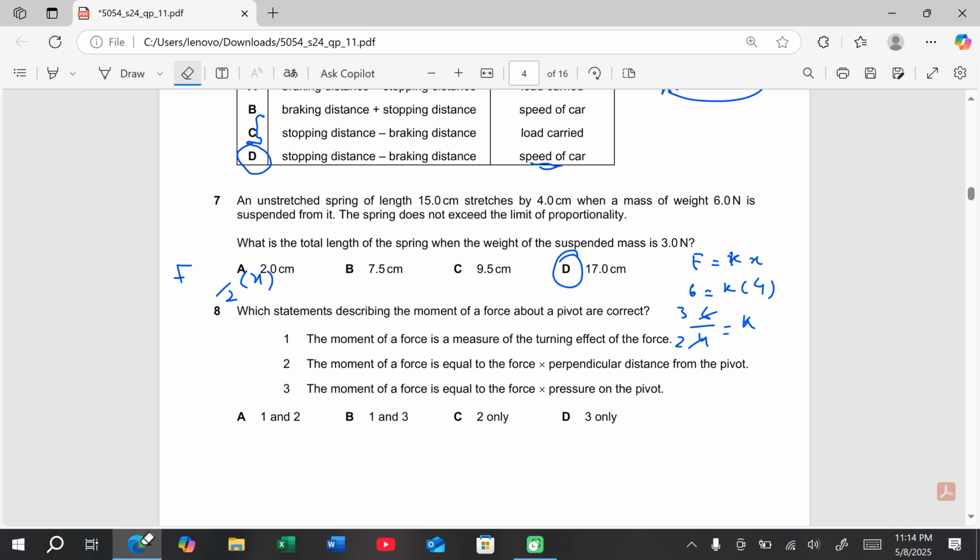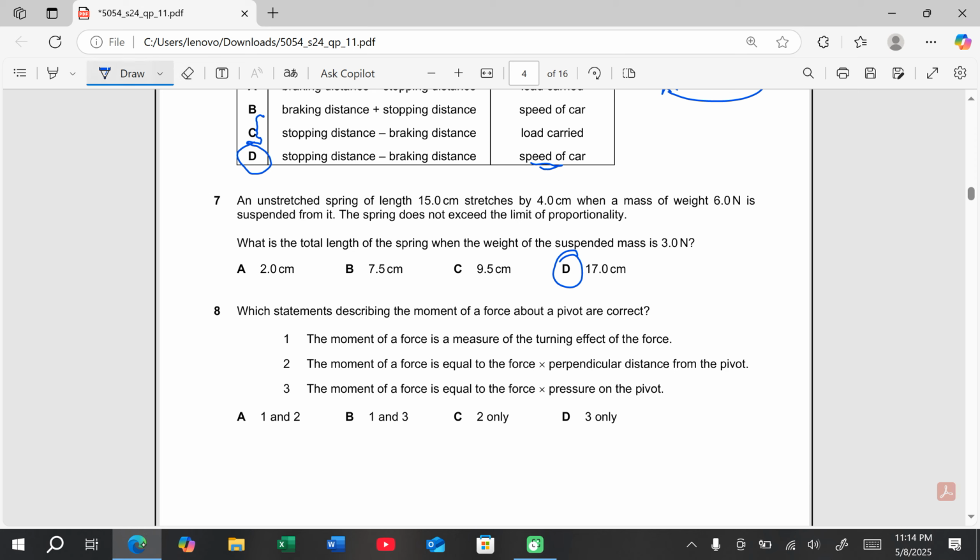Let's move on to the next question. It says, which statement describes the moment of a force above the pivot are correct? Okay, in question number 8 it says, which statement describes the moment of a force above the pivot are correct?